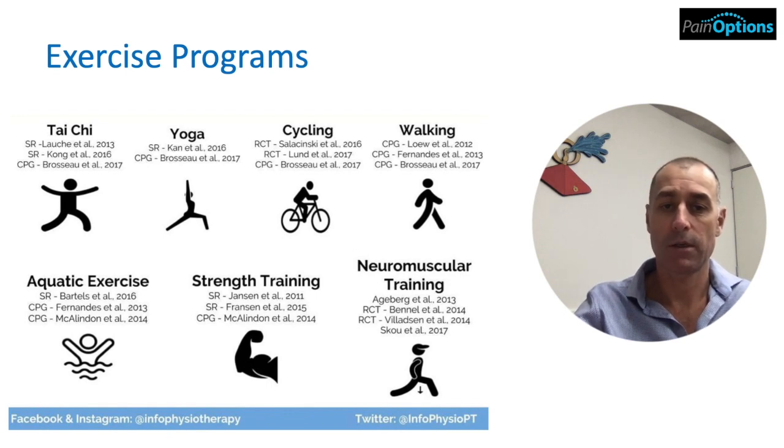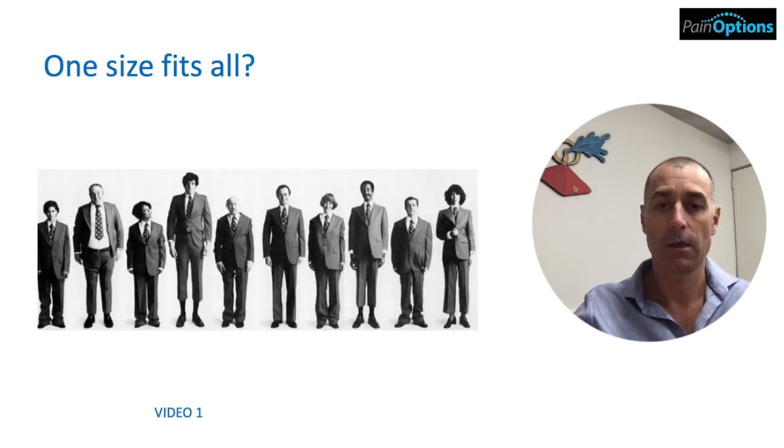The type of exercise is possibly less important than if they're doing nothing to engage them in something as a first positive. So broadly getting people more active than they were has a range of positive benefits. If they're already active and exercise is causing them pain or not being effective, that's where we need to get more specific. And that's why one size doesn't fit all. So we can't have a standard exercise program that we say, this is what everybody needs.